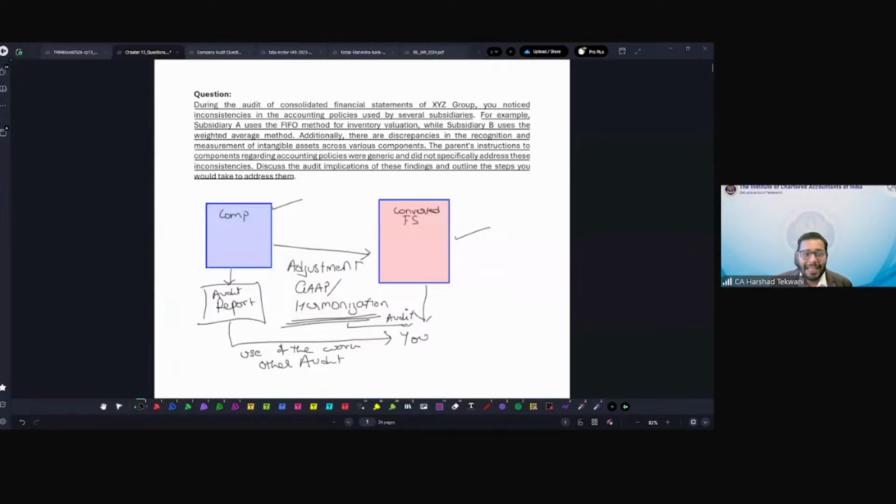So all these things you need to think of, and then on the basis of that, you need to perform your audit. Yes or no? Clear with this? Anyone? No?